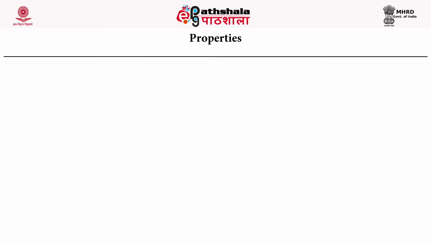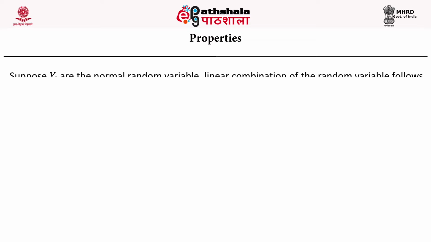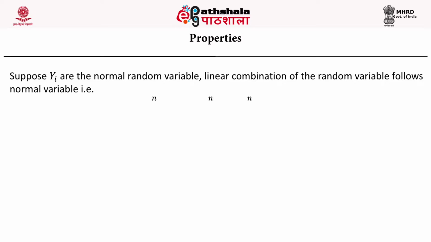Another property: suppose yi are normal random variables, then a linear combination of them also follows a normal distribution, that is, the summation over i of ai yi, where i varies from 1 to n, again follows a normal distribution with mean given as the summation of ai mu i, where i varies from 1 to n, and variance given as the summation of ai square sigma i square, where i varies from 1 to n.